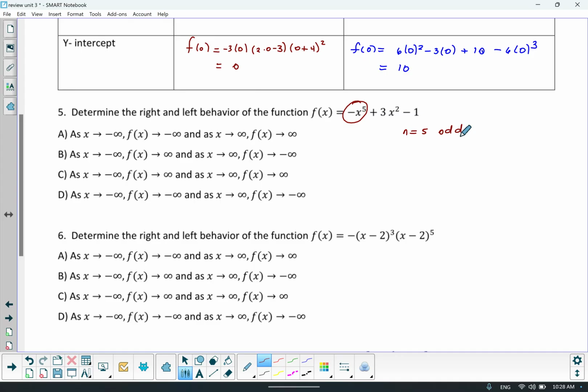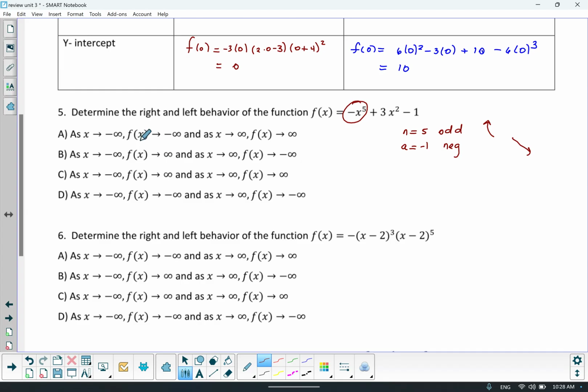That means that the ends are going to go in opposite directions. A is negative 1, so it's negative. So again, that tells me that the right side is going to point down, and since they're going in opposite directions, the left side is going to go up.